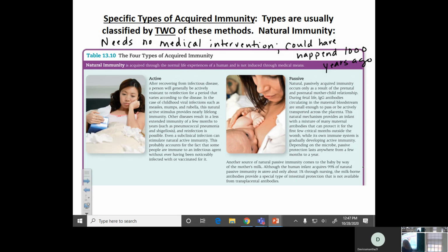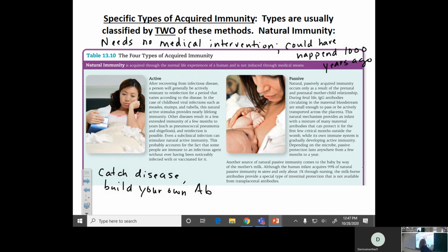So you can catch the disease, and you build your own antibodies by B cell and T cell activation. That's natural. That could happen 1,000 years ago, and still today, that could happen.